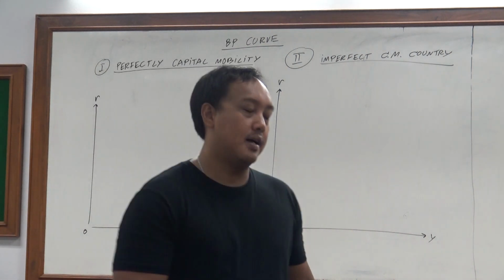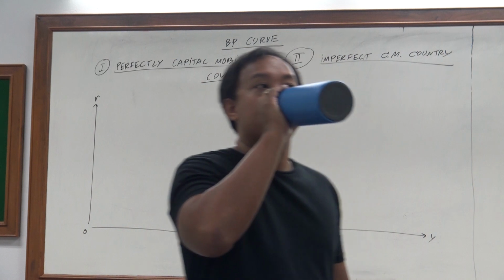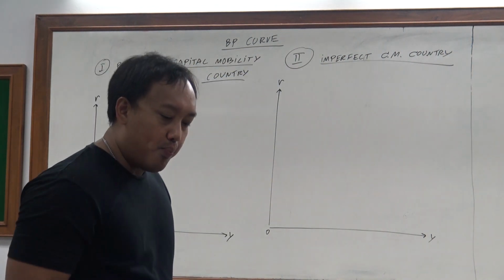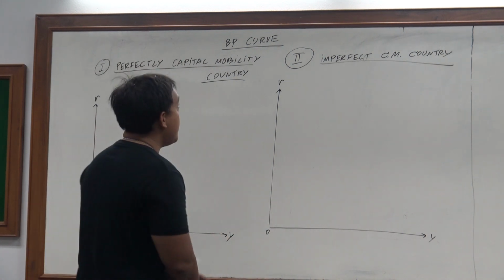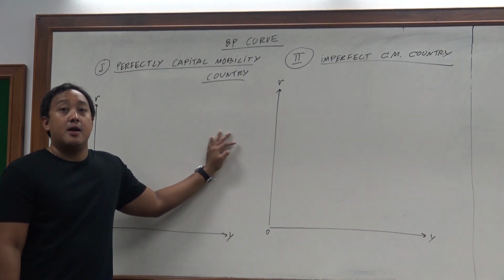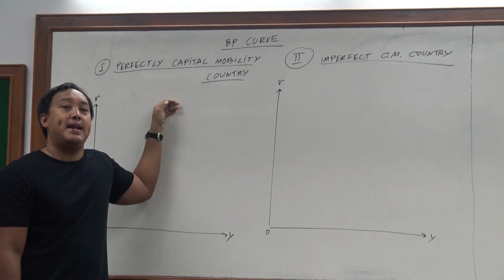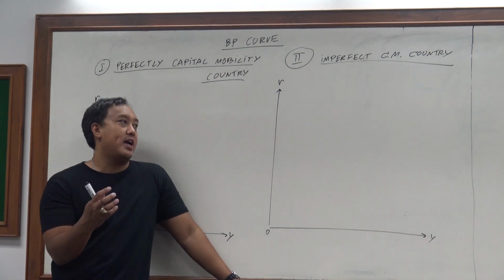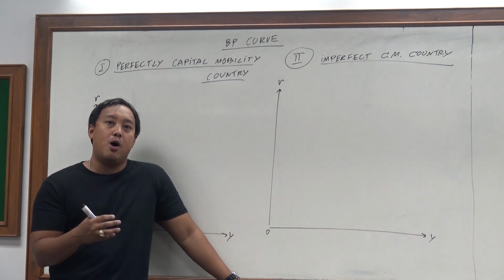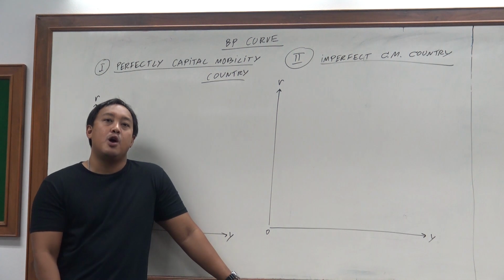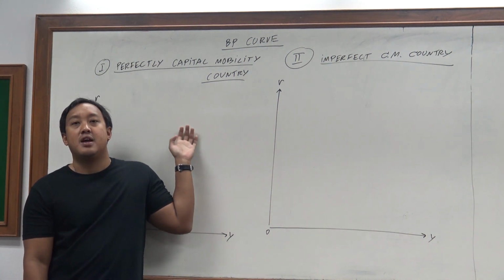Two cases. First case is perfectly capital mobility. This refers to a country where we can move the money in and move the money out without restriction, without control. Free market country.